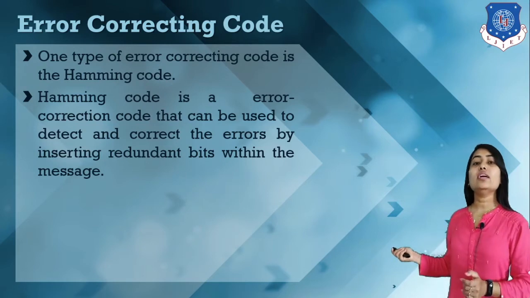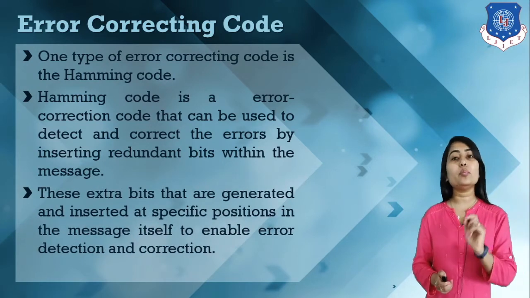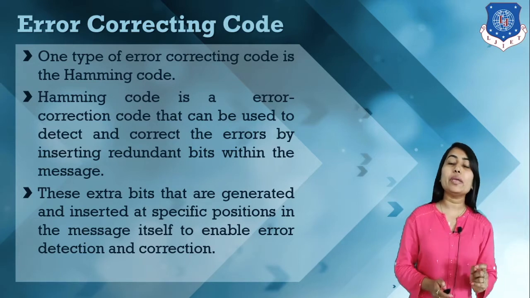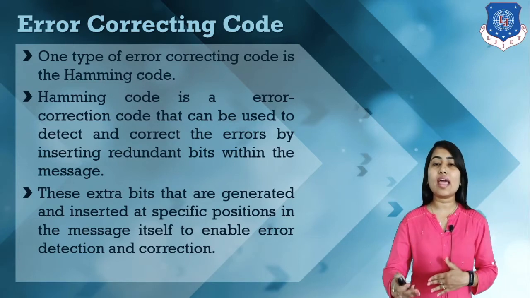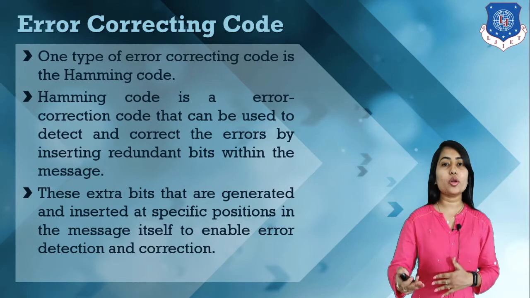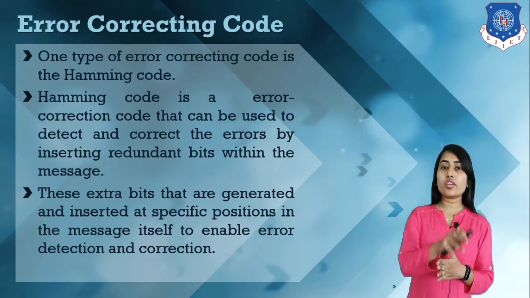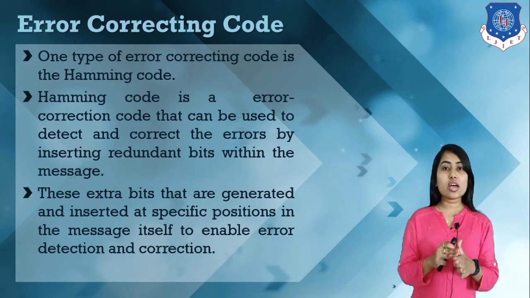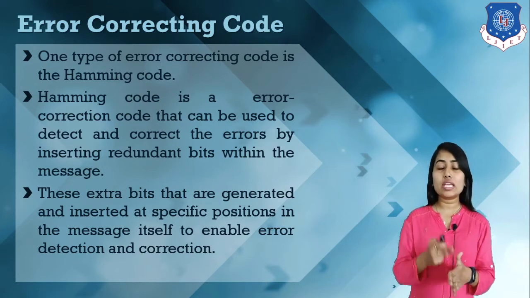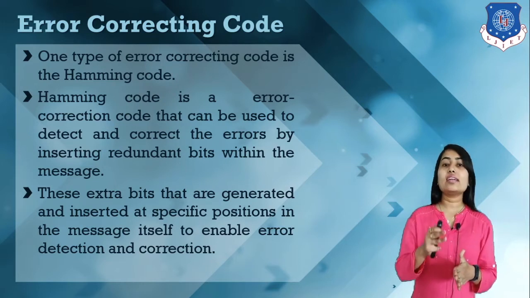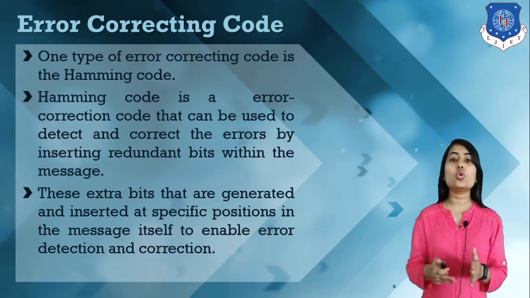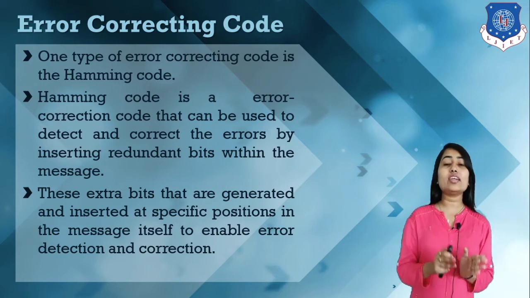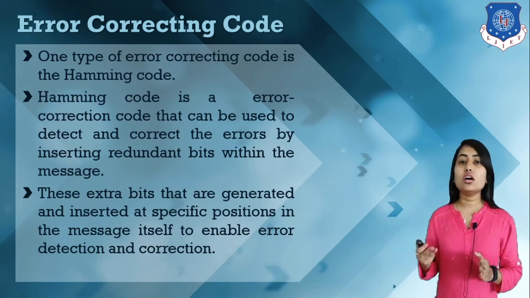In a Hamming code some redundant bits are added for error correction purposes. These redundant bits are inserted at specific locations, and using this code format we can identify at which location the error occurred.